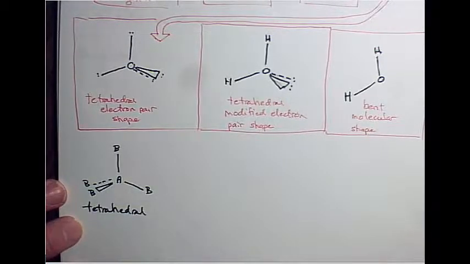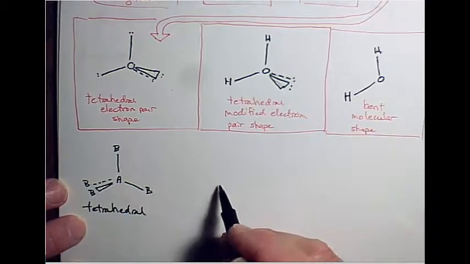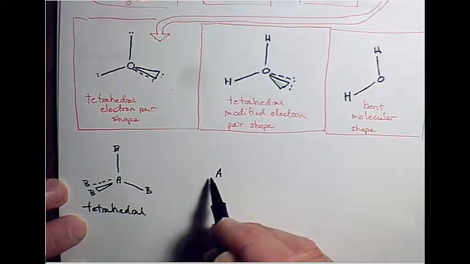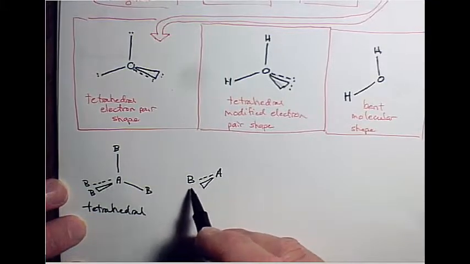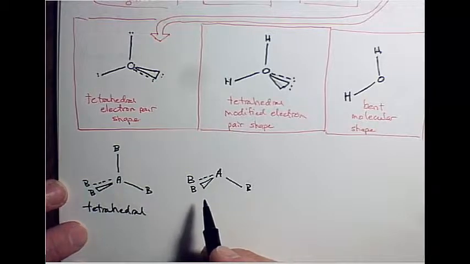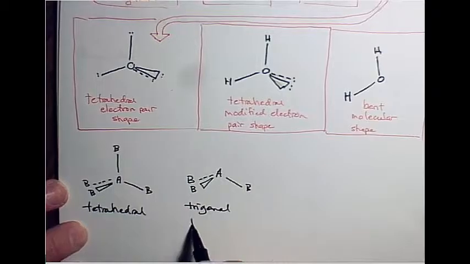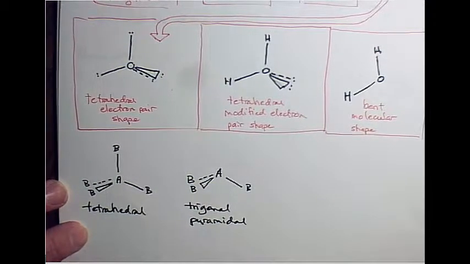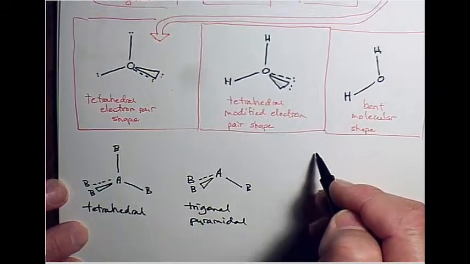Out of a tetrahedral, if we eliminate one of these arms because we've got a lone pair on there, then we've got this. And this is a trigonal pyramidal shape. Okay? If we eliminate two of these arms, then we've got that bent shape we just did.